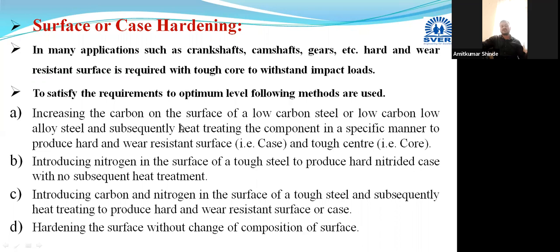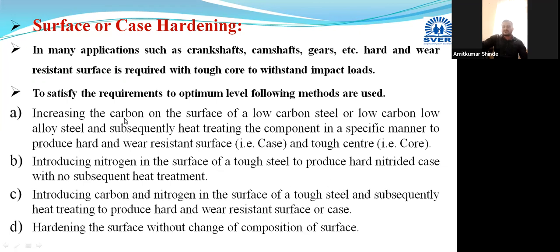Introducing the carbon on the surface of steel is termed as carburizing. If you are introducing nitrogen on the surface, then it is termed as nitriding. If we are introducing carbon and nitrogen both on the surface of the steel to get the desired properties, then it is termed as carbonitriding.